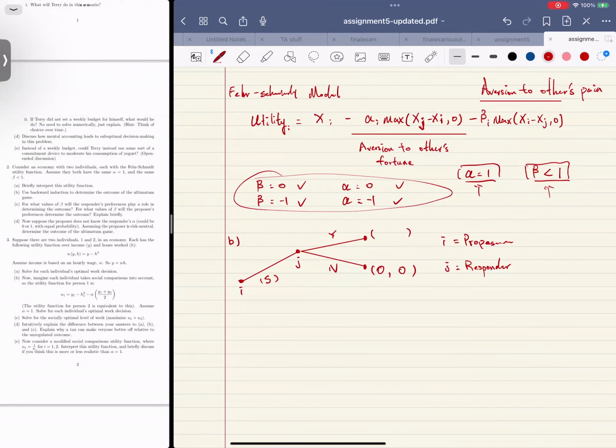Okay, so you have, let's say, 100% of something, and you propose some S amount, and then J will receive S amount. That will be the outcome.